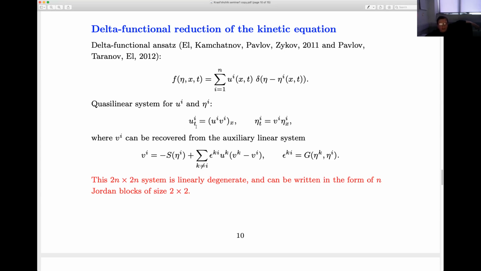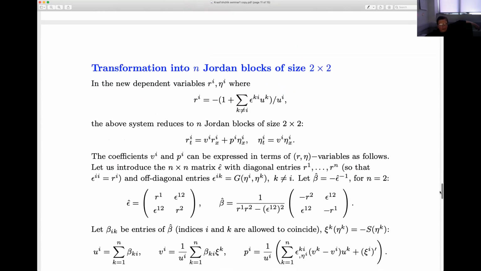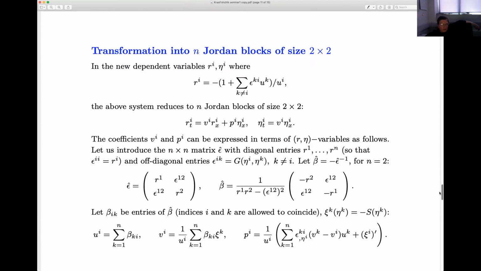We have these equations for u and eta. These are found from this linear system, in terms of etas and u's. And I claim that this system can be reduced to n 2x2 Jordan blocks. This is shown in the next slide. Transformation to Jordan blocks: what you do is the following.